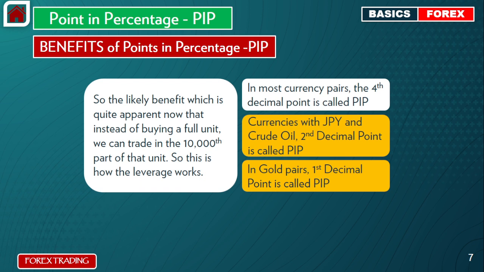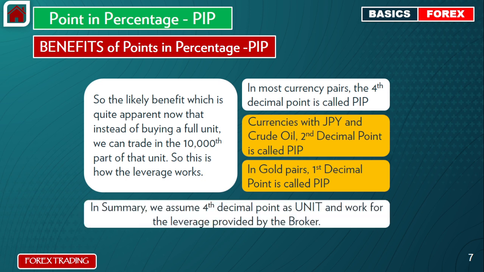So it's slightly different for JPY pairs, crude oil, and gold pairs. For the rest of the currency pairs, the PIP is the fourth decimal place. In summary, we treat the fourth decimal place as the unit and work with the leverage provided by the broker. This is how leverage works for forex traders.